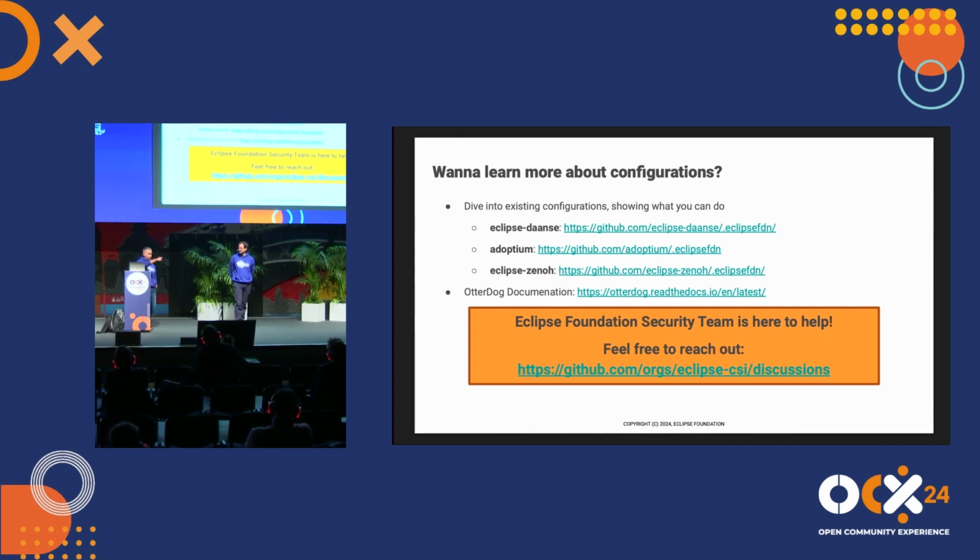We have some happy users, so I'm really glad about that. Adoptium was our POC project and the driver of this approach as well. They also have a very clean configuration, and they are quite happy users, I would say. Eclipse Zenoh is also using this a lot to protect their repositories as much as possible.